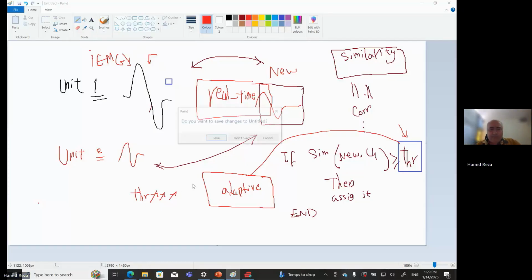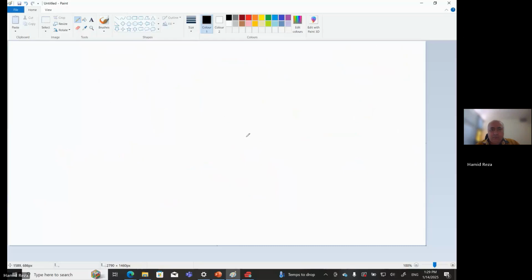Okay. So here is what we do. Let's get back to the sampling problem. And I identify the approach here. You know, the red signal is the continuous signal.